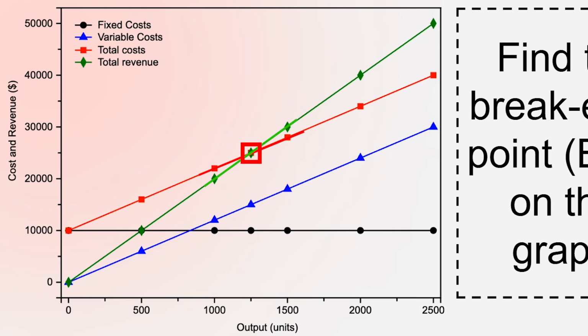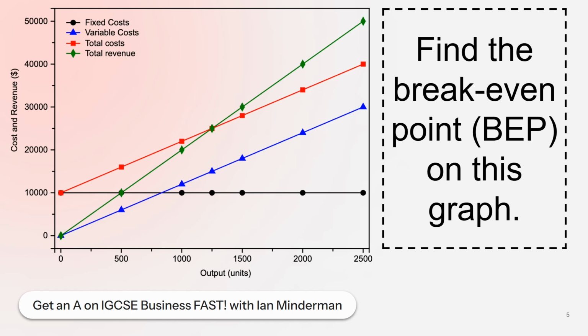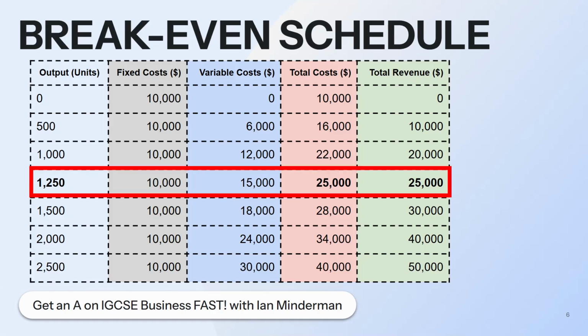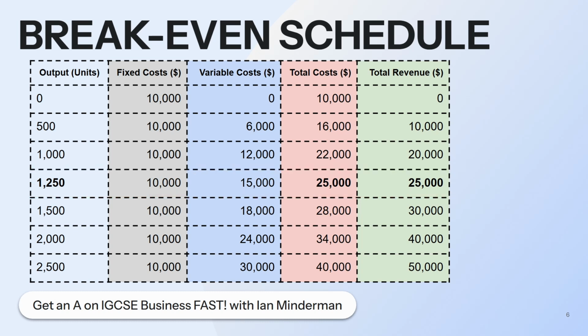So if we take a look at this on the table, you'll even see that. Take a look. 1,250 units, total costs 25,000, total revenue 25,000. I put that in bold just to emphasize that this is where the total costs and total revenue are the same, and you can even see that on the table.